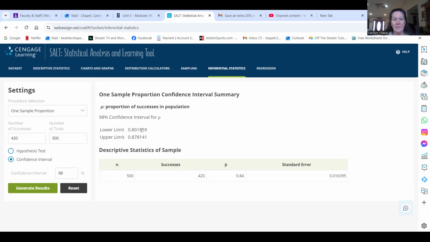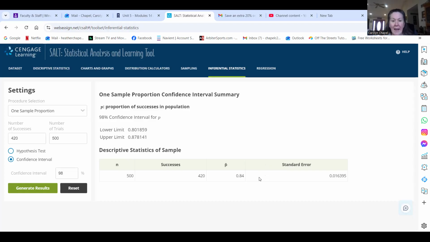But notice it was pretty accurate, well, accurate to 3 for sure with what we had done. SALT is going to be much more accurate than what I do using the formulas, mostly because I have been using critical values that have only a few digits. They probably have critical values that use much more.